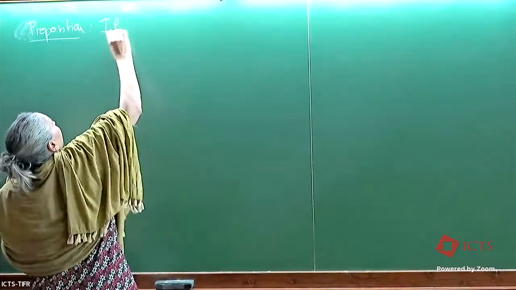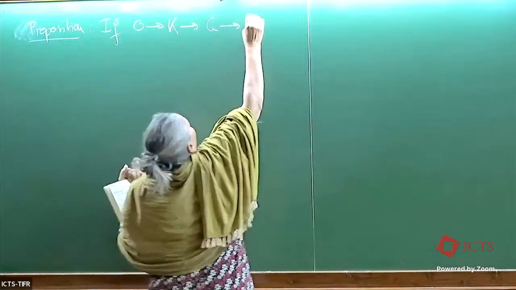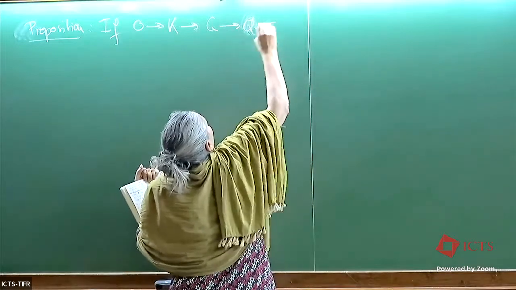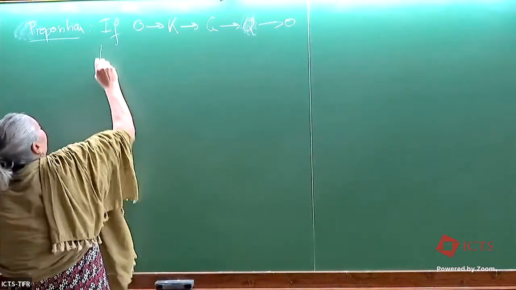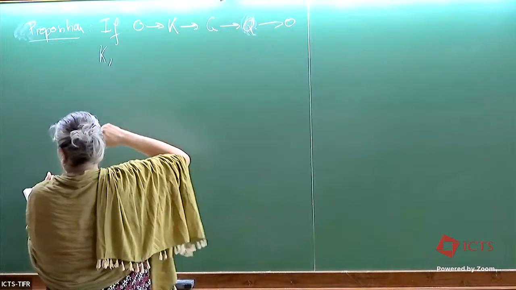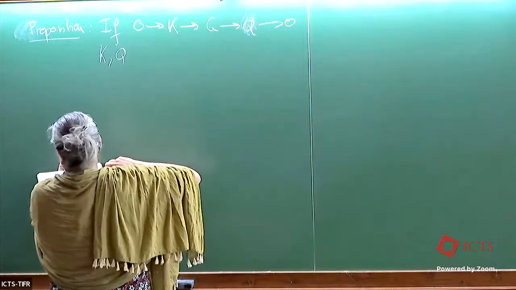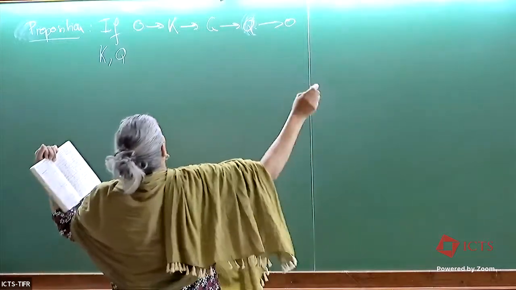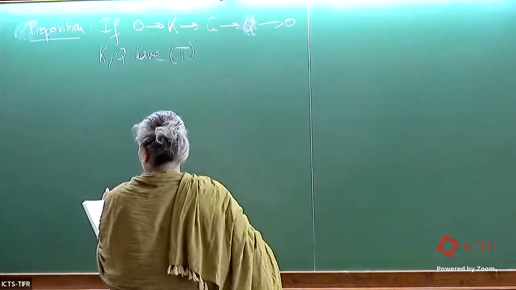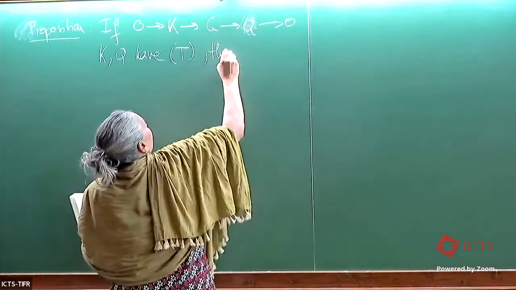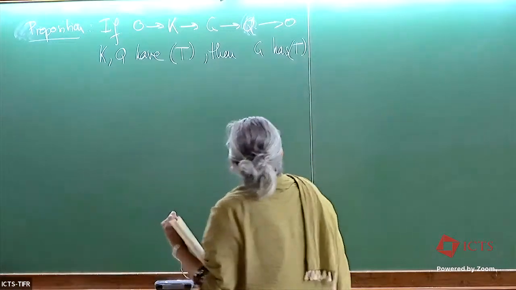So if you have a short exact sequence of groups, with N and Q, and both groups on each side have T, then G has T as well.